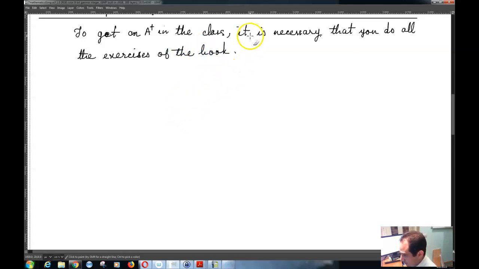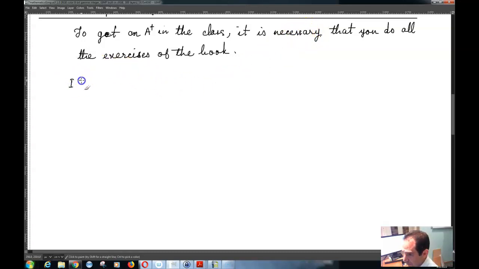So that means that if you do all the exercises of the book, then you will get an A+ in the class. So when you say it is necessary, that is a condition.